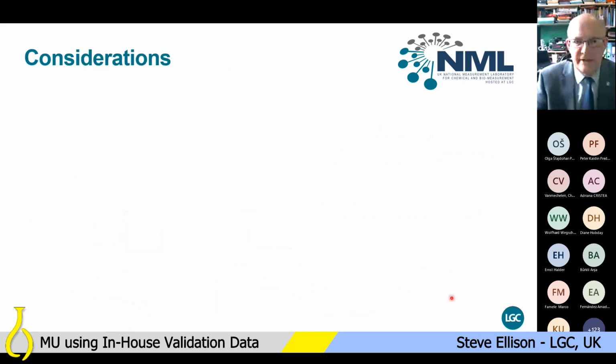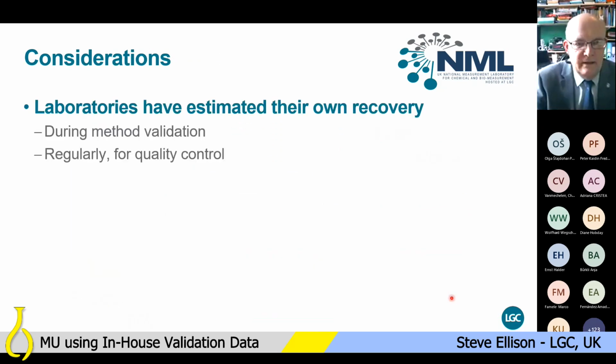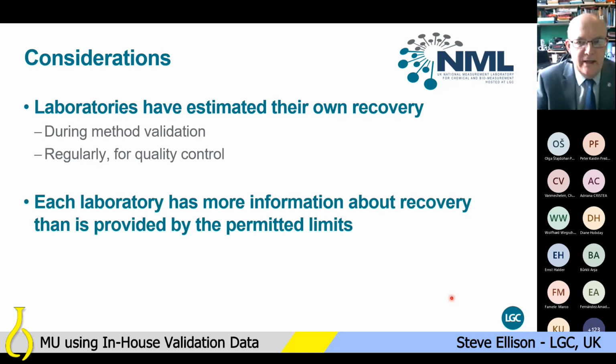The reason for that is partly that from the laboratory's perspective, the laboratory has already estimated their recovery. They did a recovery check during method validation. They know roughly what it is. They might also be doing it regularly for quality control. That means that each laboratory has more information about recovery than is provided by just reading the permitted limits.